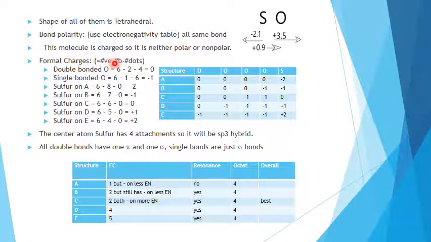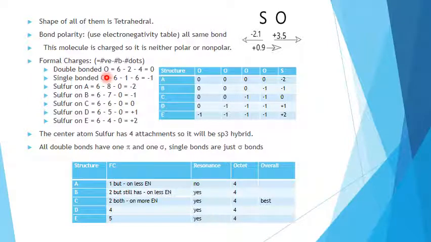Okay, you're asked to figure out formal charges, and the way you figure out formal charges is you take the number of valence electrons minus the number of bonds minus the number of dots, and that's the formal charge. For the oxygen, there's nothing but the double bond and single bond of oxygen, so I'm just going to do that. For double-bonded oxygen, there's 6 minus 2 bonds minus 4 dots equals 0.